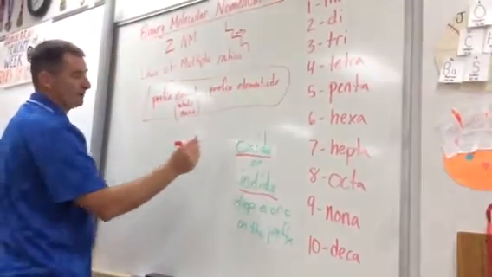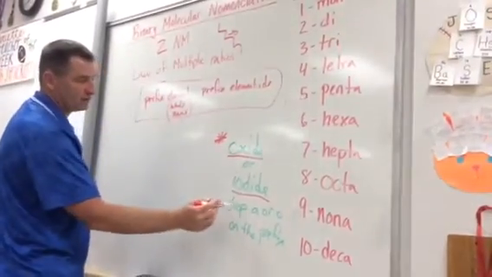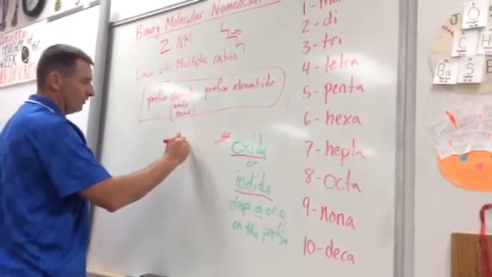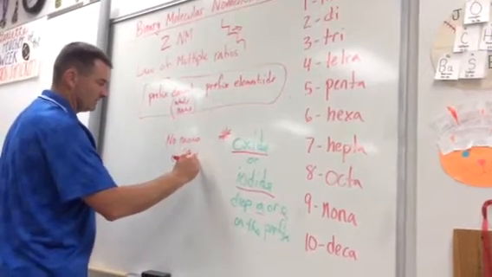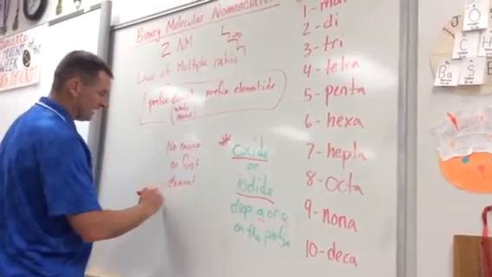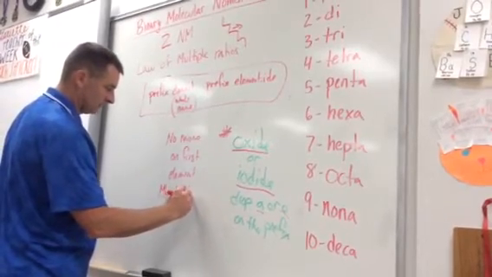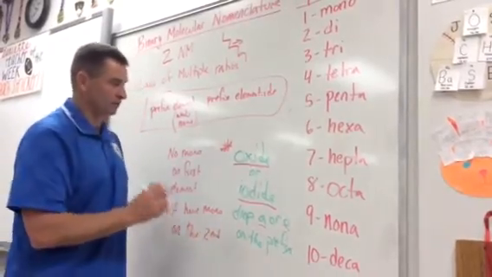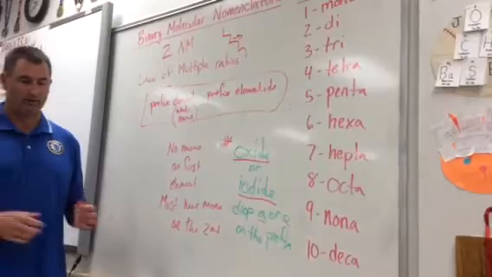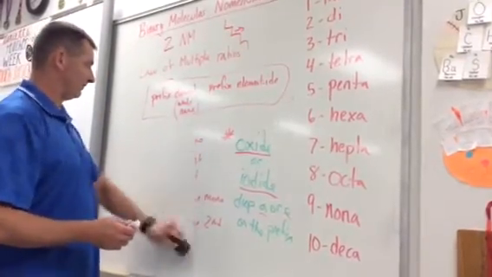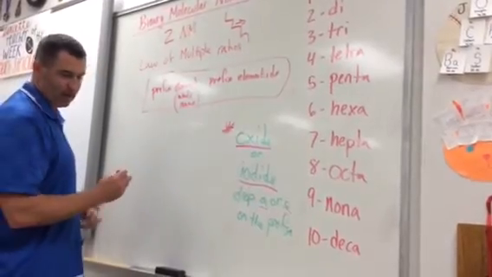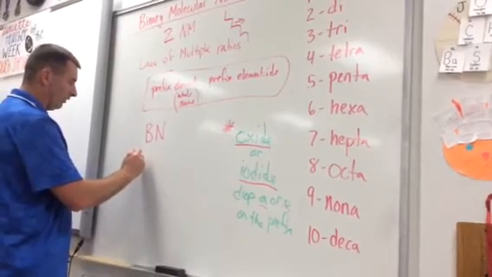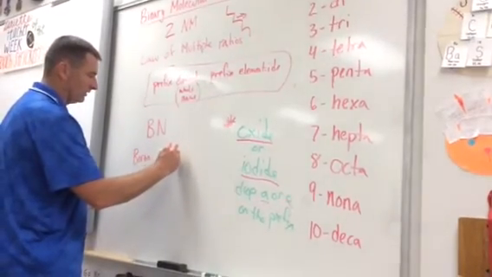And then the two rules you have to remember is if it's an oxide or iodide, you drop the A or O on the prefix, and no mono on the first element, but you must have mono on the second. So there's really only 3 rules with binary molecular nomenclature. All right? So we're going to do one more example and see how we do. If I have BN, it's number 3 on your sheet, that is going to be boron mononitride.